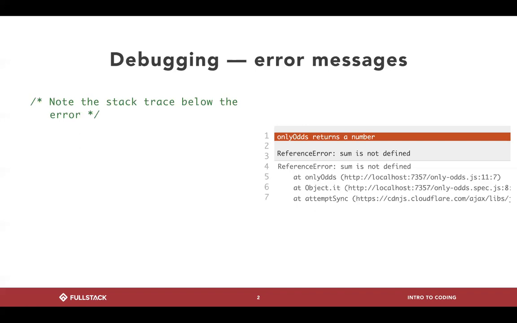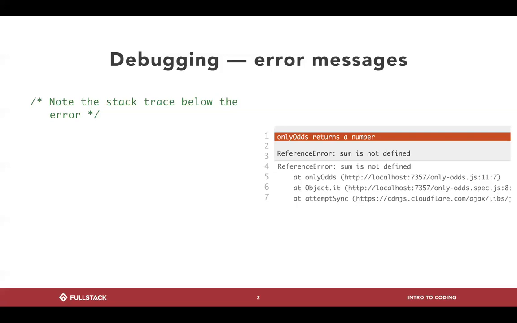That's an overly simple way of putting it. But so if you look at line 5 there, right? If everybody can look at the gray numbers beside that red "only odds return a number," that threw an error. And if you look at the lines there, you can see line 5, right? At only odds, http://localhost:7357/onlyodds.js 11:7.